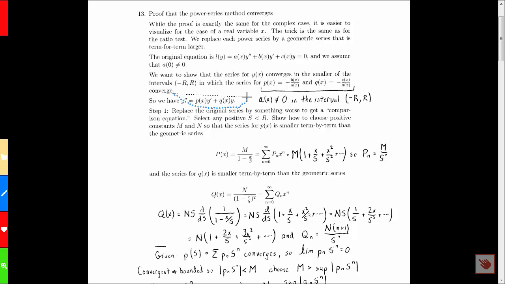So here's the equation that we need to solve. Now the general strategy is that we are going to replace these functions little p and little q by functions capital P and capital Q that are bigger. We are then going to set up an equation involving a function capital Y, which is bigger than little y.